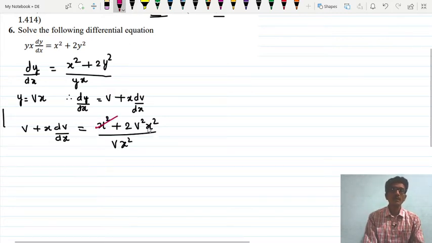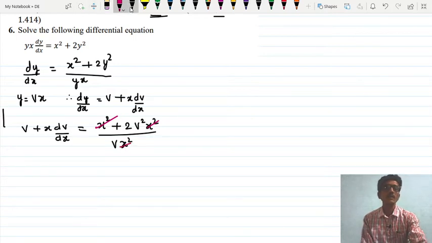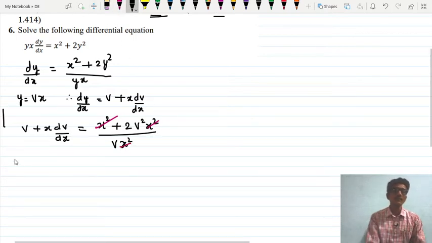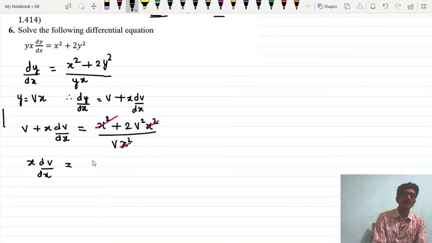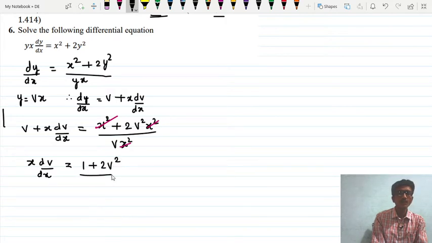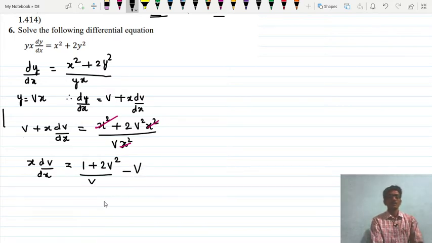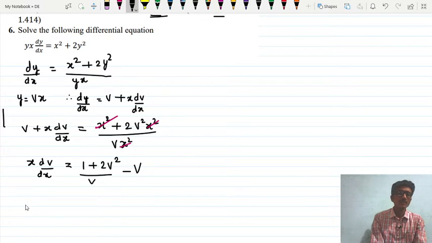Here this x square we can cancel, and we will be getting here x dv by dx is equal to (1 plus 2v square) upon v, and this v you are taking to the right hand side.